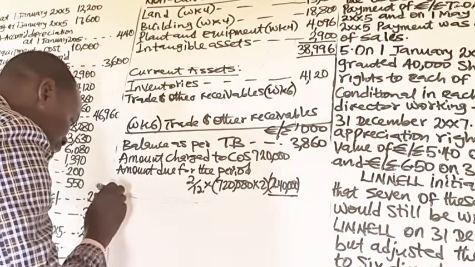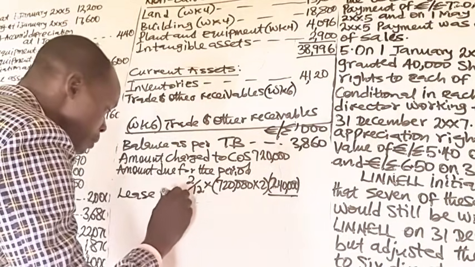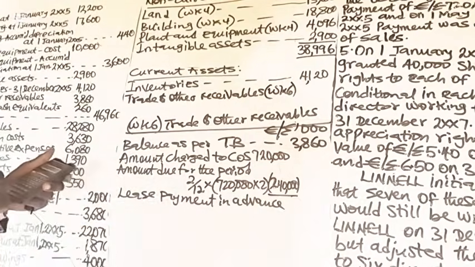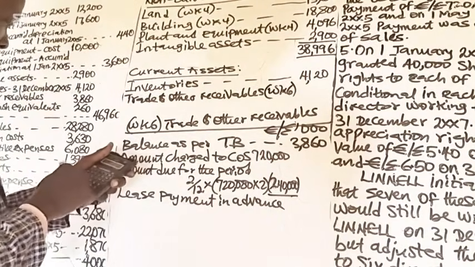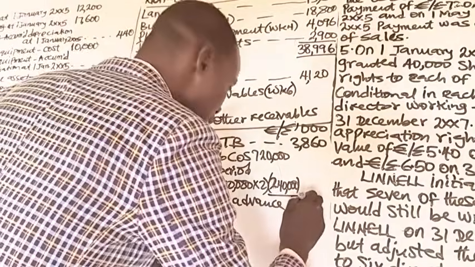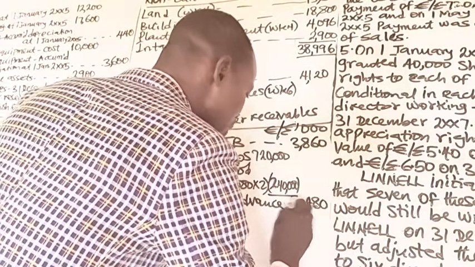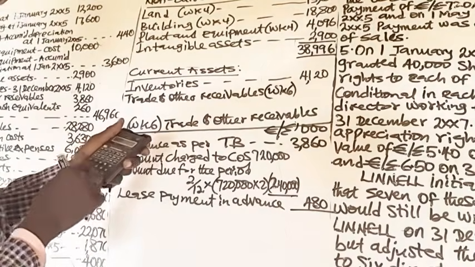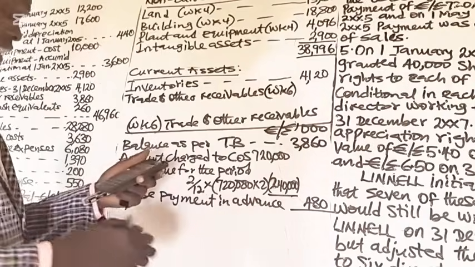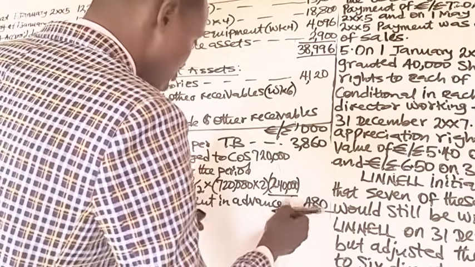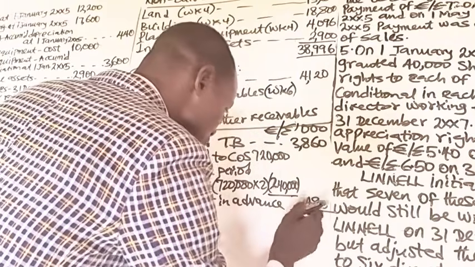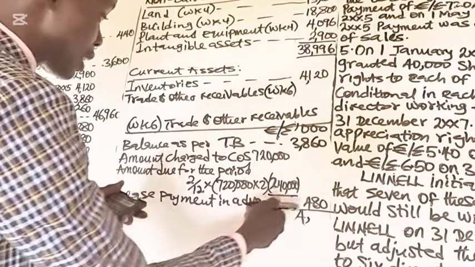So lease payment in advance now. The remaining amount is in advance. If you subtract 240,000 from 720,000, then the amount paid in advance is 480,000. If you add the 480,000 to 3,860,000, payment in advance, we recognize as a current asset.